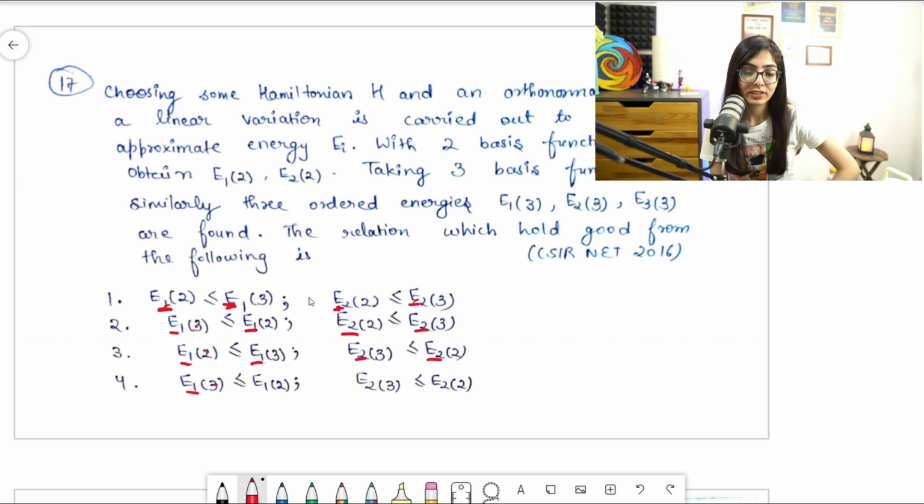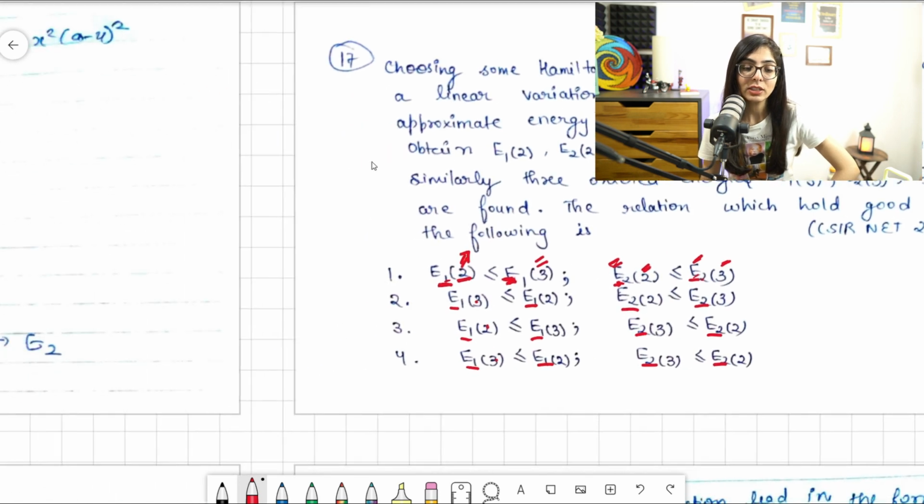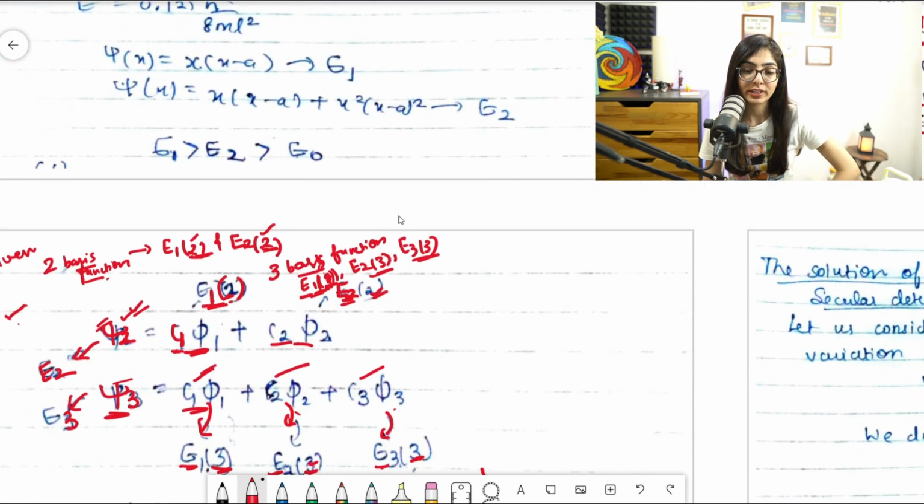Although the trial wave function is different, it is E1 of the second trial wave function, it is E1 of the third trial wave function. It is E2 of the second trial wave function, this is E2 of the third trial wave function. I'll make you understand with this only, where I have written over here.